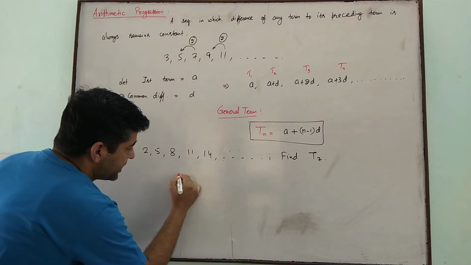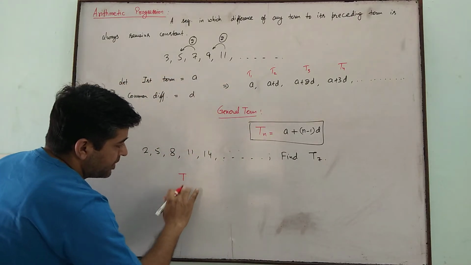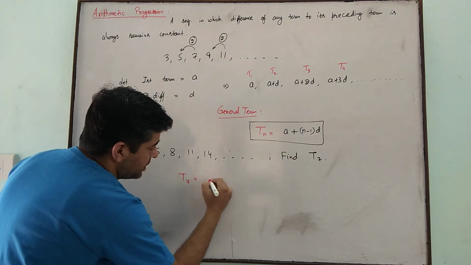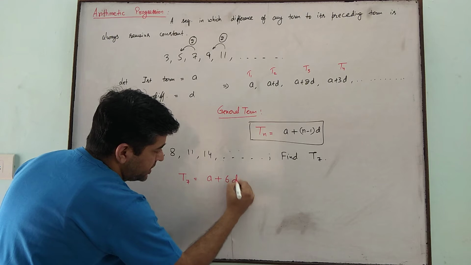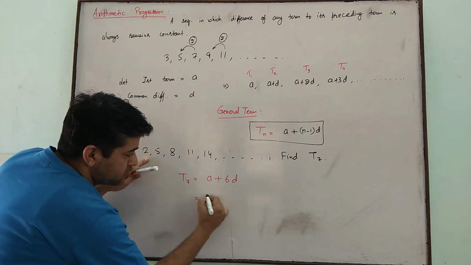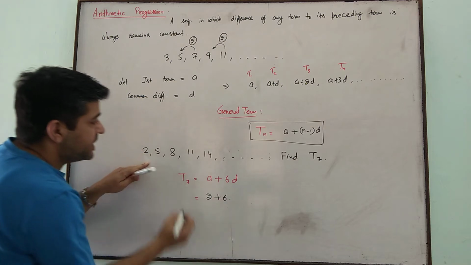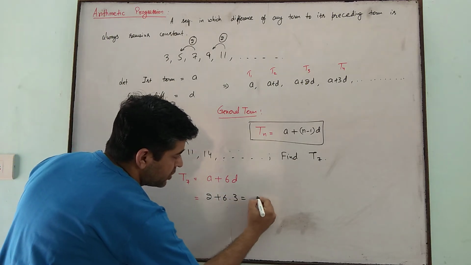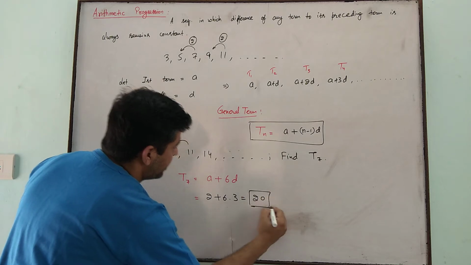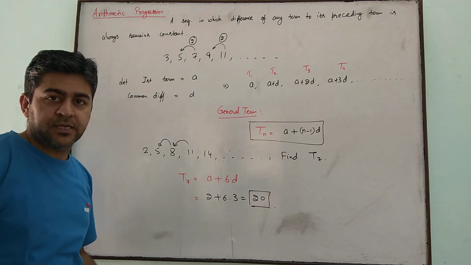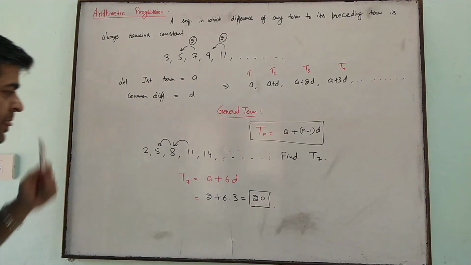So T7, according to the general term formula, will be A plus 6D. A here is the first term, that is 2, and D, the common difference, here is 3, so 6D is 18 and we got 20. So its 7th term will be 20 in this sequence.